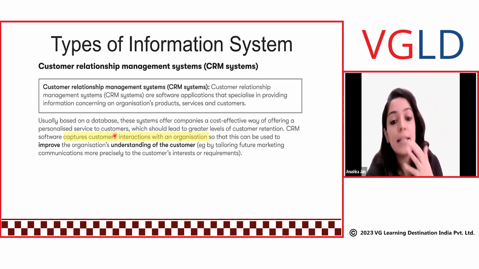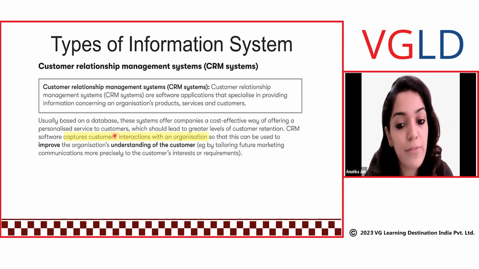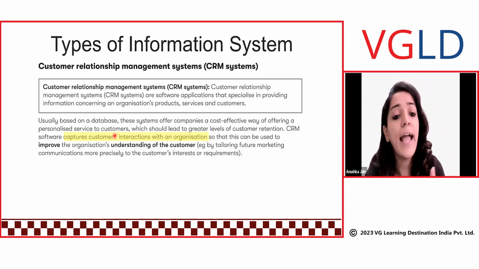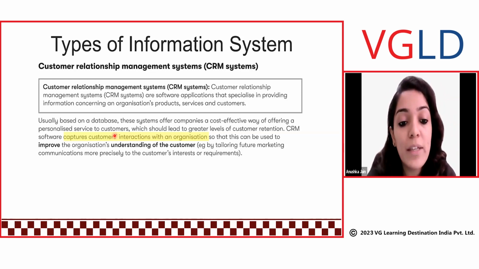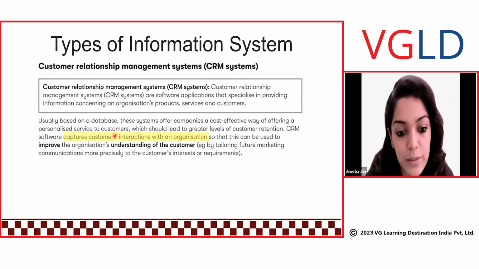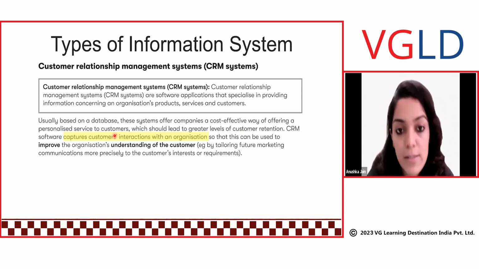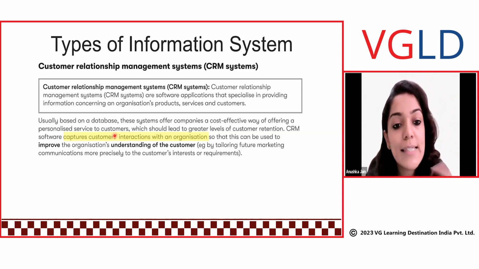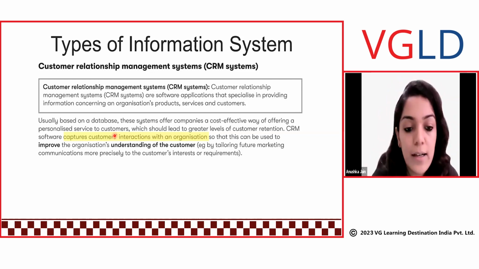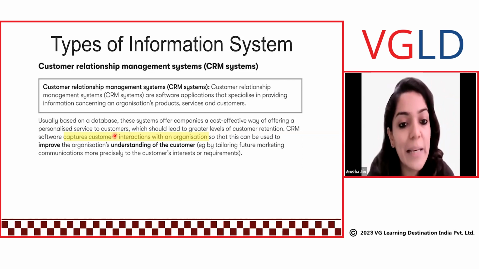It captures the interactions of a customer with the organization, and it helps the organization to improve its understanding of the customer. So if you raise a complaint, you get an auto email that your complaint has been registered. All of this is managed by CRM. It's not just emails.